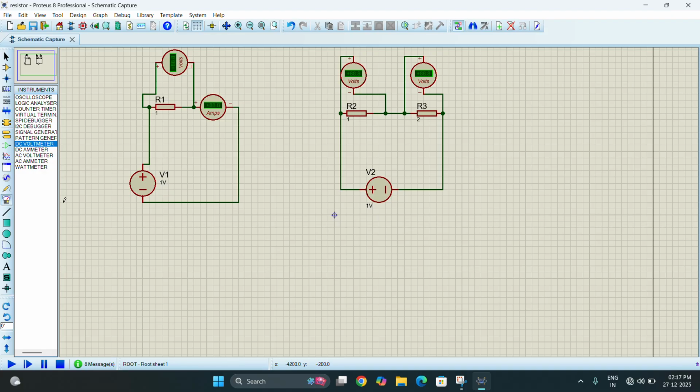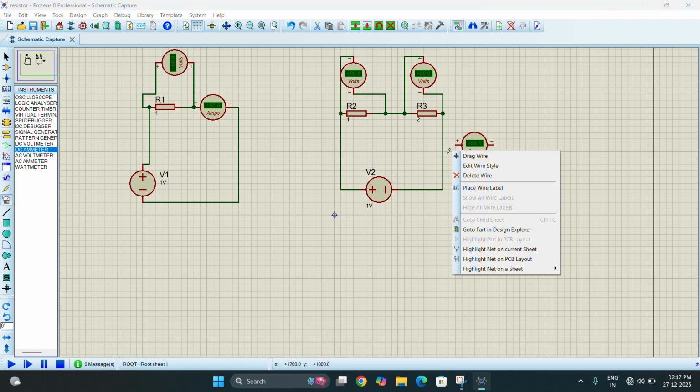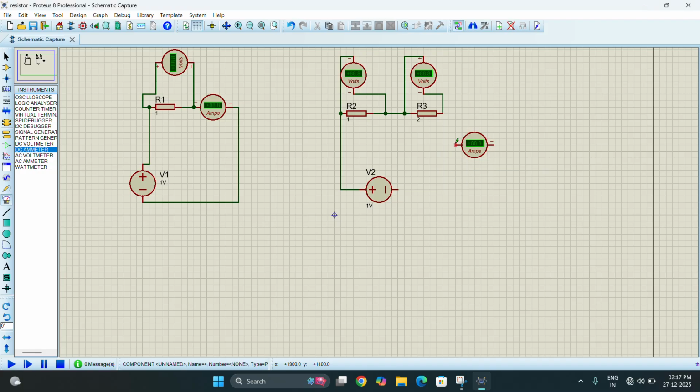Let us connect one ammeter and see whether I am right or not. 0.33 amps is going to be the answer. We will delete this wire, then connect the ammeter here. So I have connected the ammeter. Now let me run it. So 0.33 amps is the value.